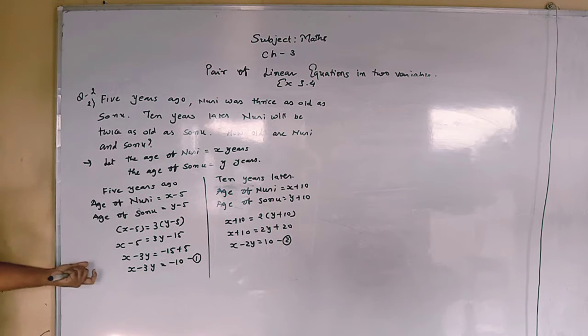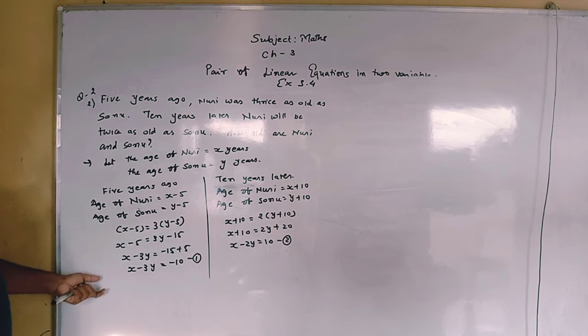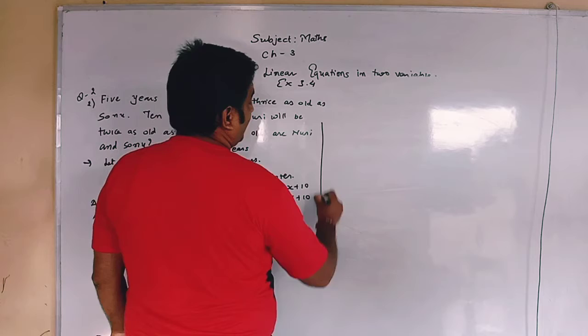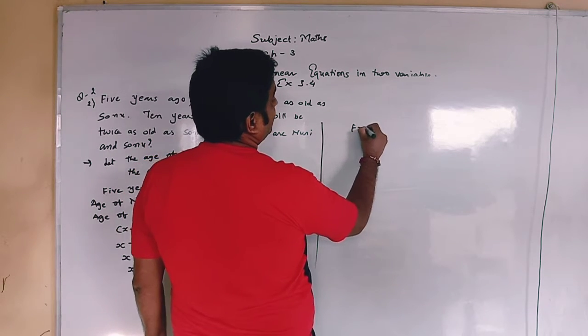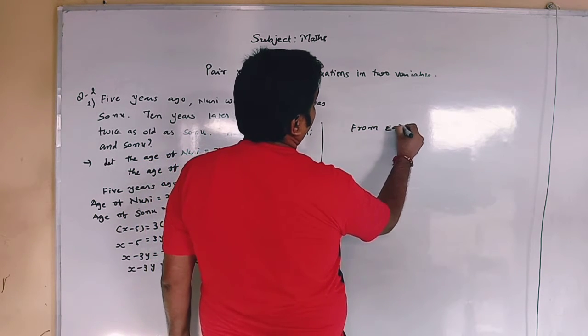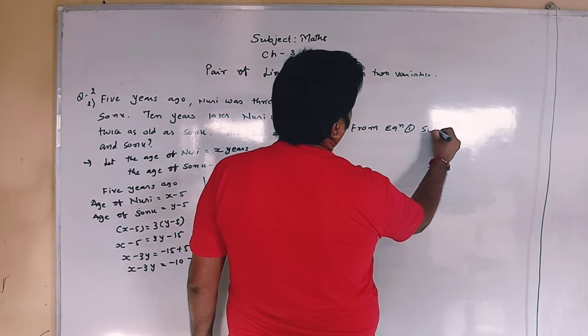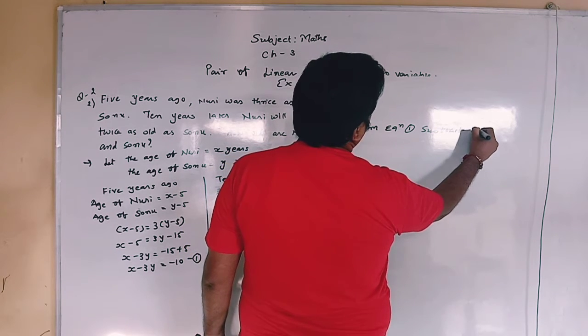Now here the x coefficients have the same sign, plus and plus, and equal coefficients. So directly from equation 1 we subtract equation 2.